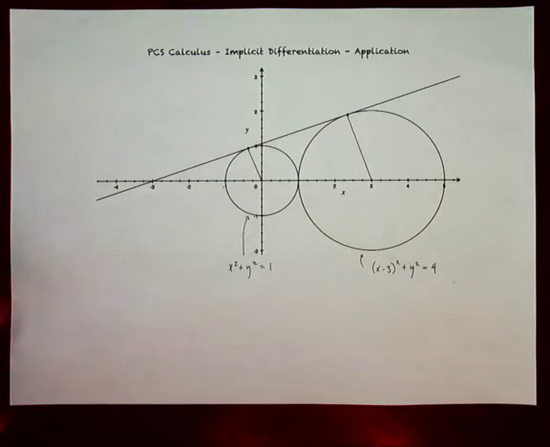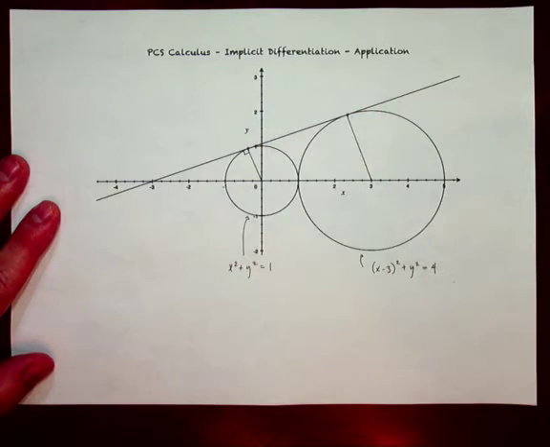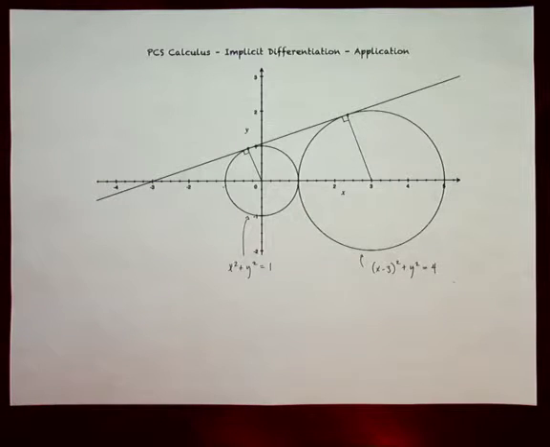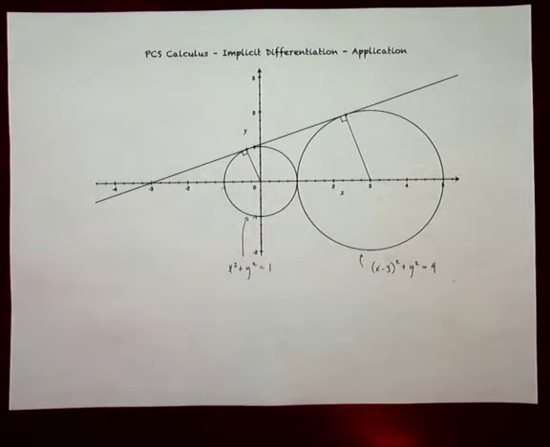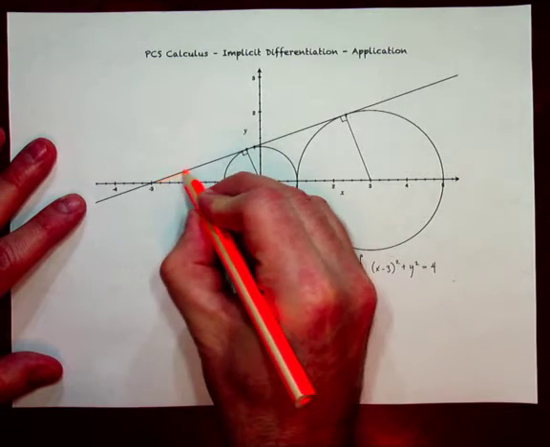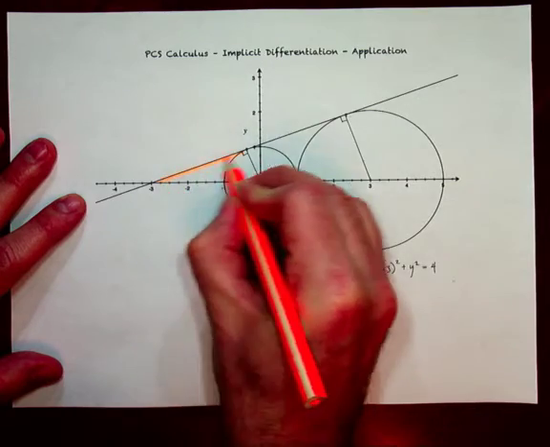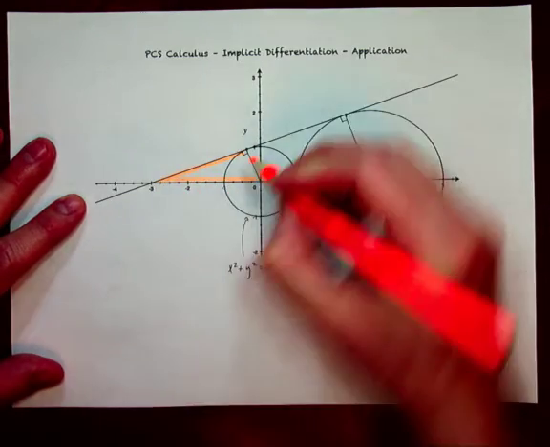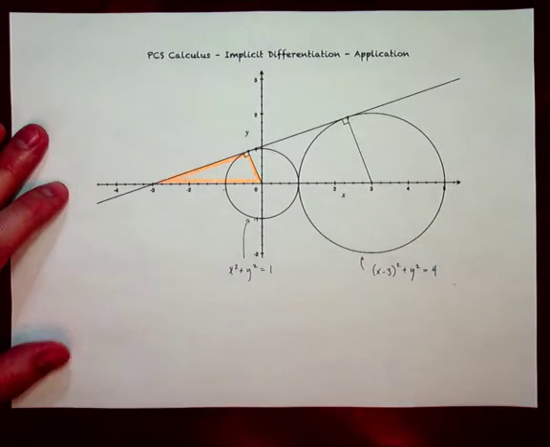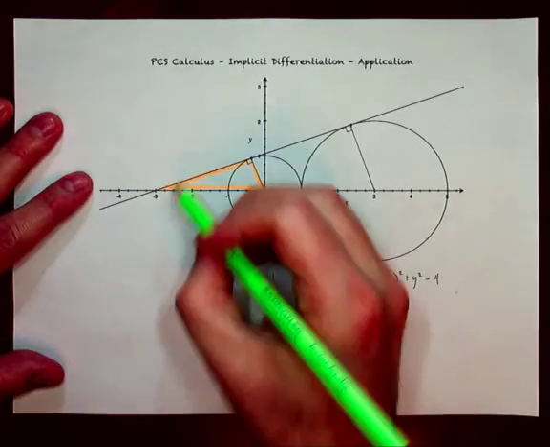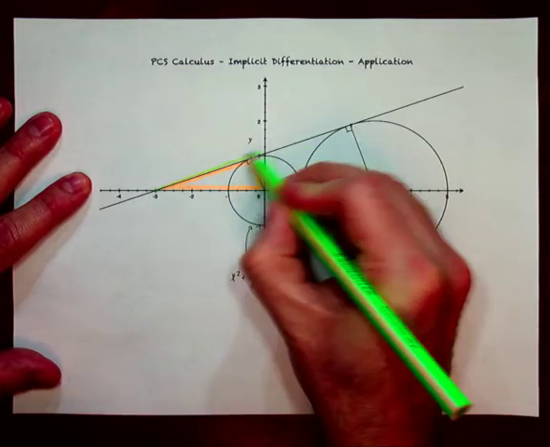So what that means is this right here is a right angle, and this right here is a right angle. If you look at that for a moment, you'll recognize that what I have now is similar right triangles, this one embedded within, let's see, we'll do it green, this larger triangle.